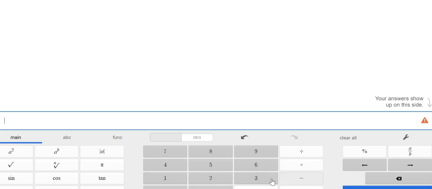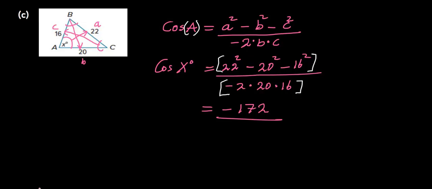Negative 2 times 20 times 16 gives us negative 640. Negative 172 over negative 640.